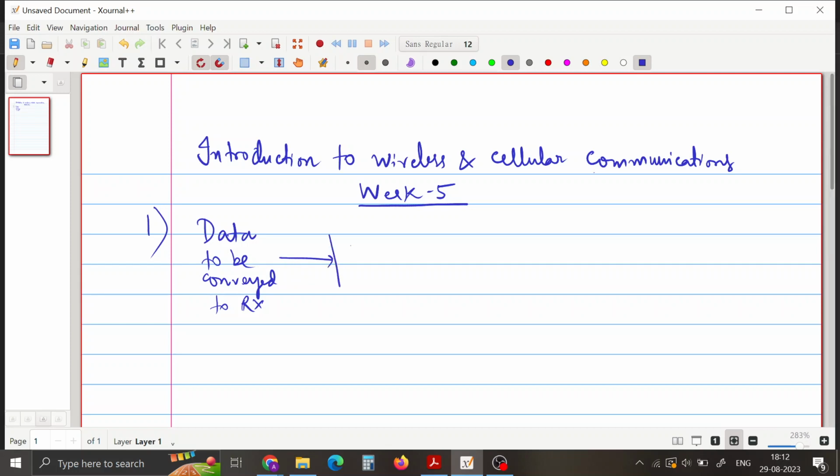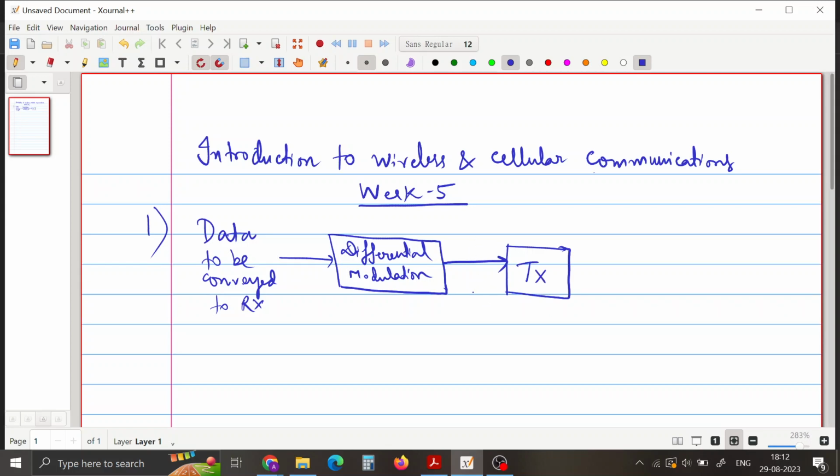Now you do this differential modulation scheme, and then you get some modified bit stream, and that has to be sent to your transmitter for transmission.